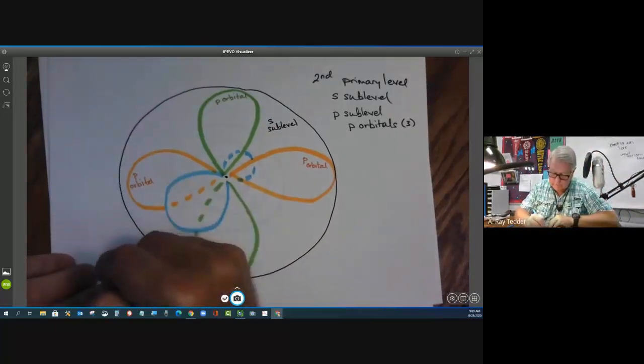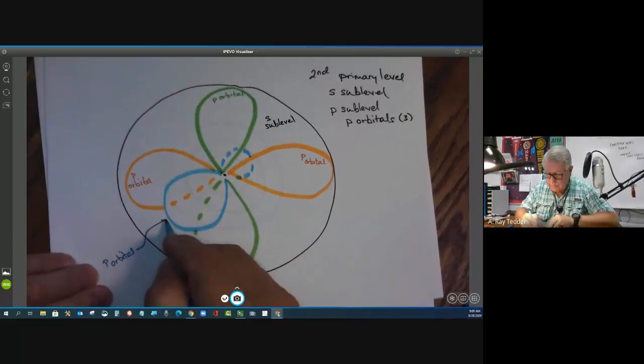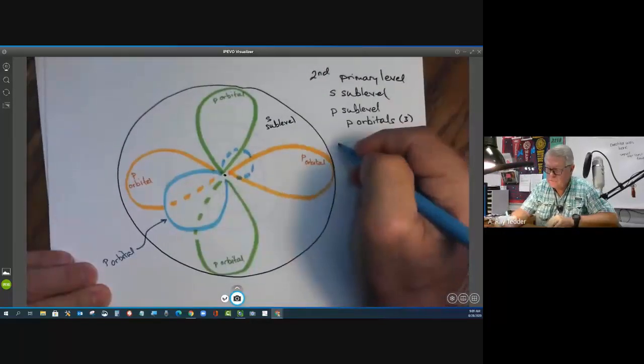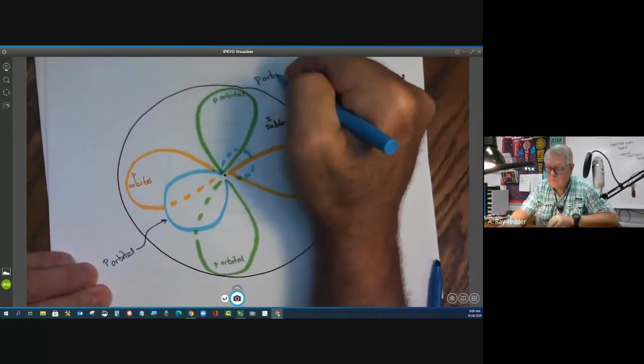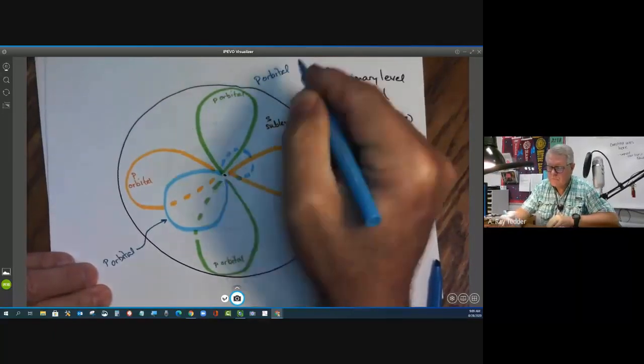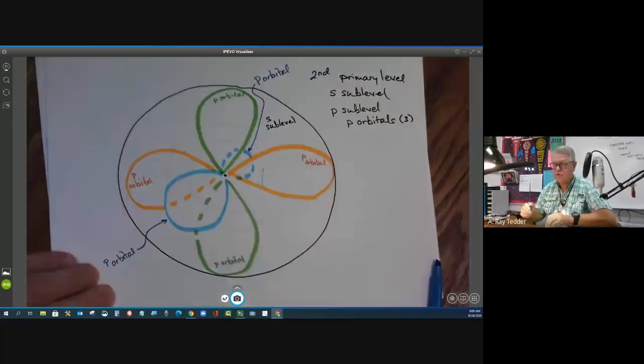I'm going to write p orbital over here. And I'm going to draw an arrow to it, okay? All right, so you know that's what that is.